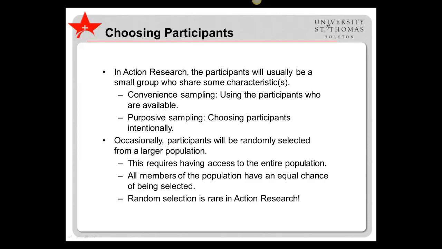Purposive sampling is most appropriate for qualitative studies, where the researcher wants to ensure that participants have the necessary experiences and/or characteristics and will be useful sources of information. Note that random sampling is rare in action research.